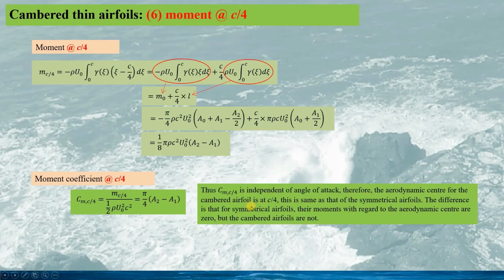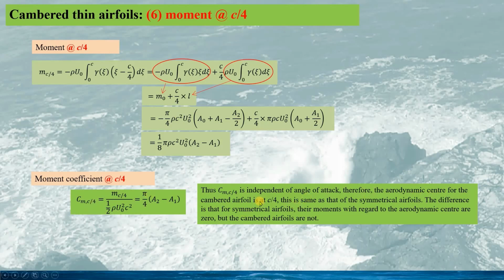However, if the camber is given for an airfoil, A1 and A2 would be constant. As such, the moment coefficient with regard to the quarter chord would be a constant. This means the quarter chord is the aerodynamic center.